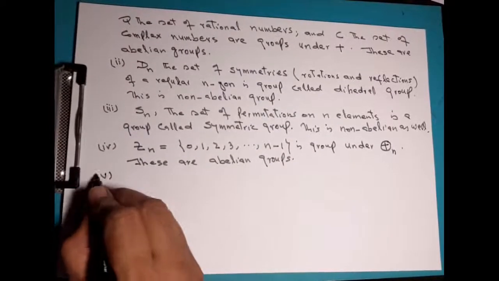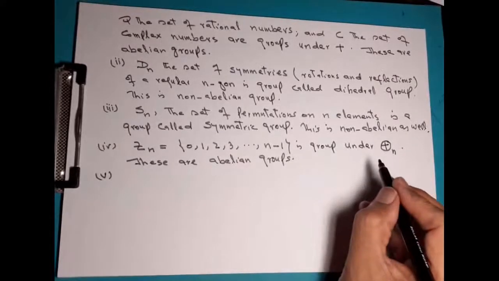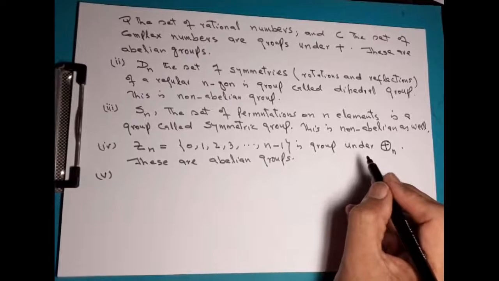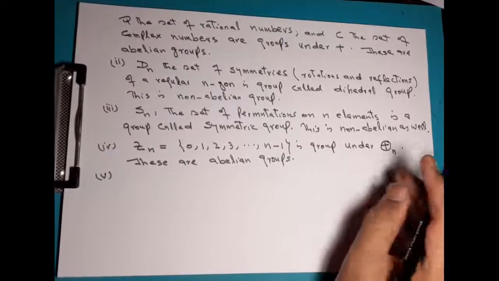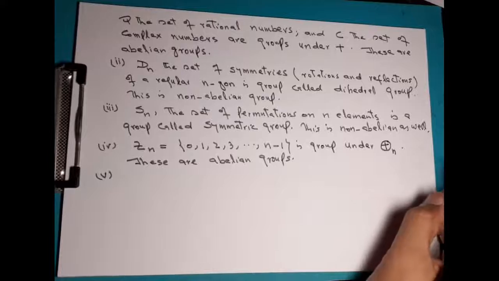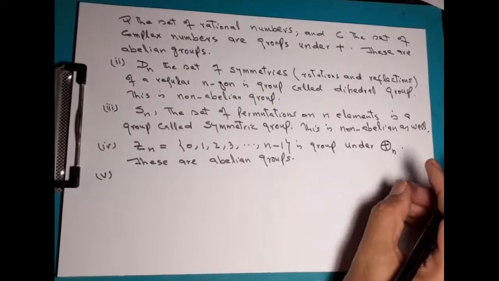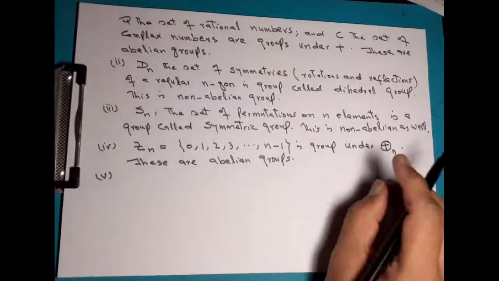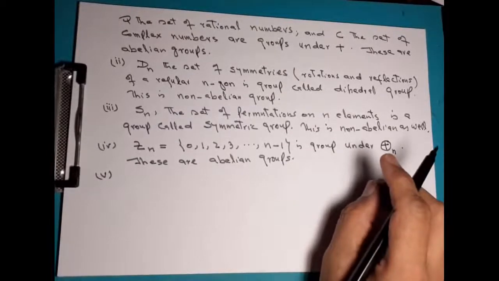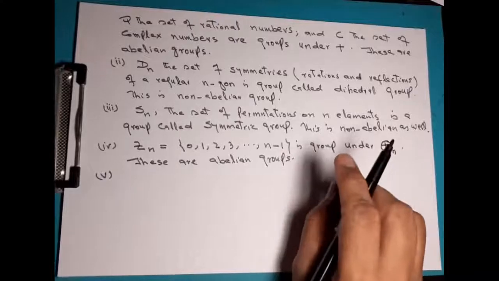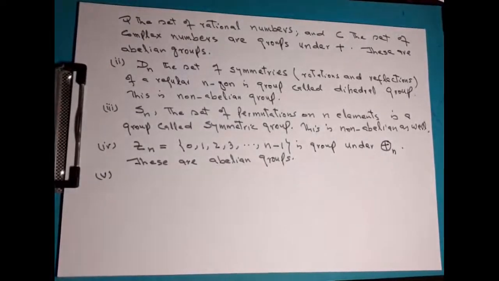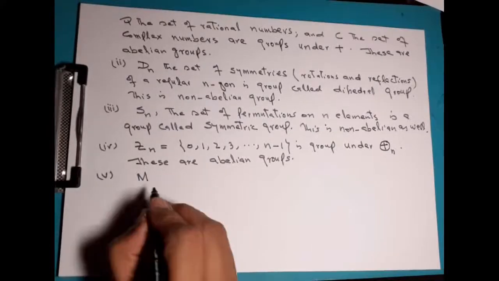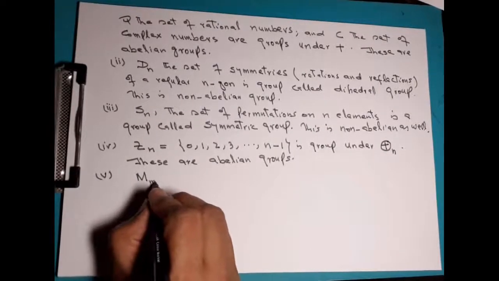And then we come to next group. You know that if you take a set of matrices of same order, then addition is defined, zero element is there, inverses are there, everything is there. So let's note this particular group. Let's represent it by capital M, and then write here m cross n.